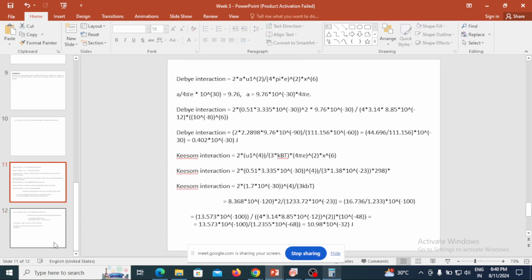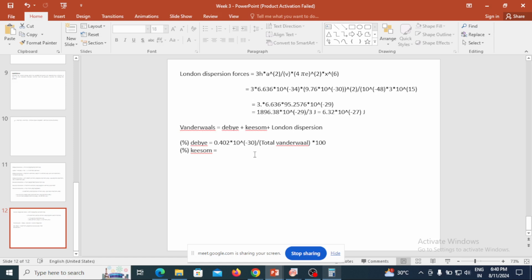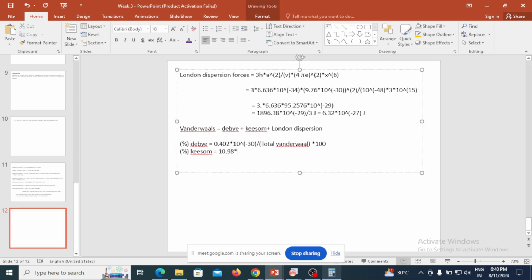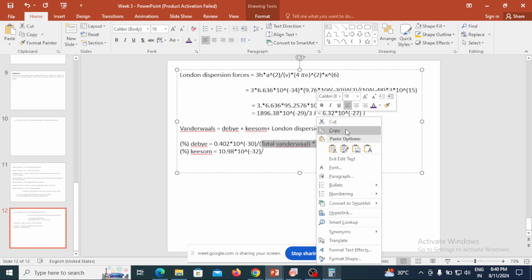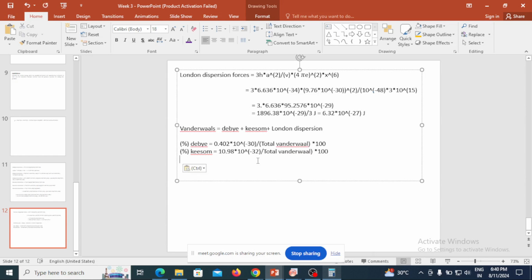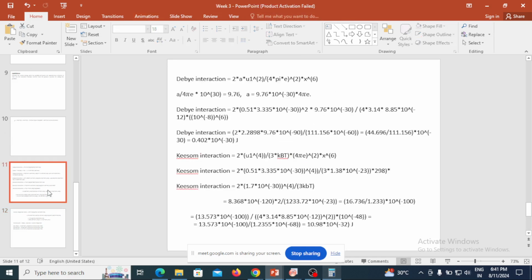So that will be 10.98 divided by this total van der Waals into 100, and then your percentage of London will also be like 6.32 into 10 to the power minus 27 divided by your total van der Waals, the energy that you get for the total van der Waals after addition, that multiplied by 100 will give you the answer.